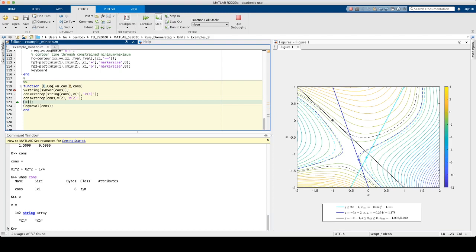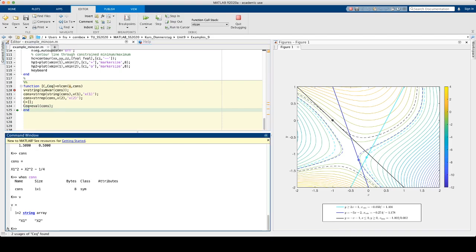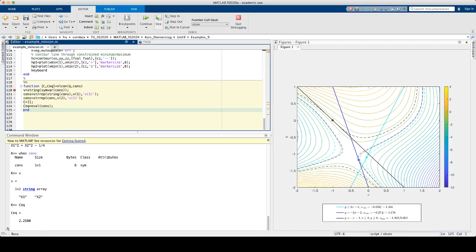Now we set C equal to the empty vector, which means there are no inequality constraints. And Cx is now the equality constraint, which is just the value of the constraint at the given input point x. So the constraint is evaluated at the position x, which is given to the function. And that's it. We can step outside the function.